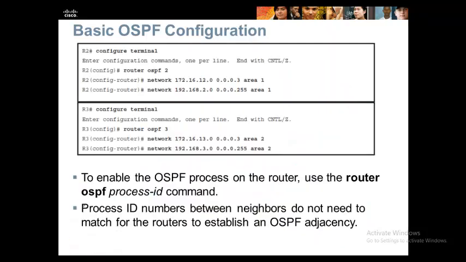All right, the basic configuration. OSPF is very simple. You can configure OSPF by going under interface, which is not shown here. You can also configure the common method, going to the global mode and say router OSPF, process ID, network, wildcard mask.